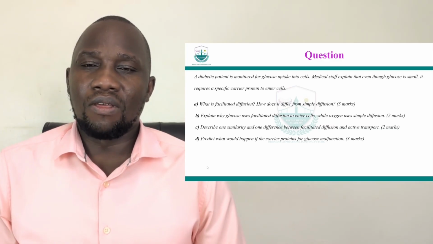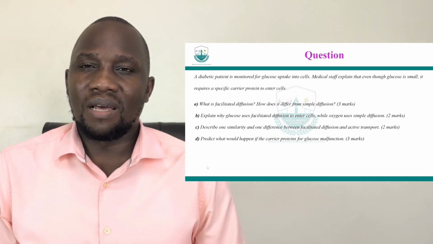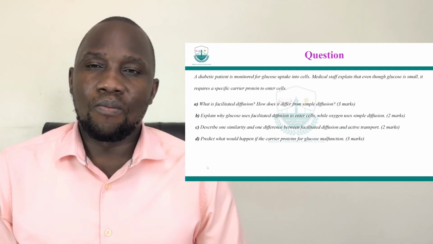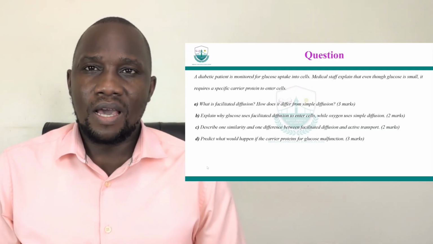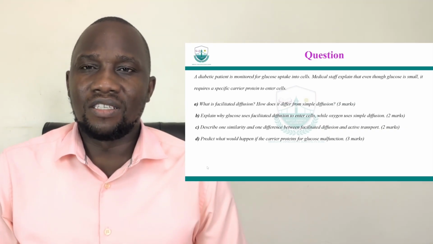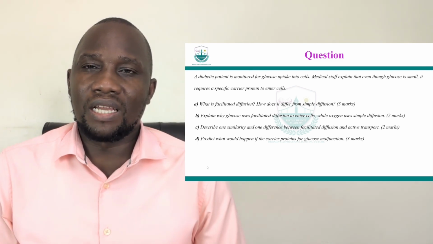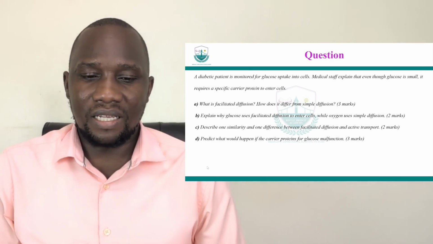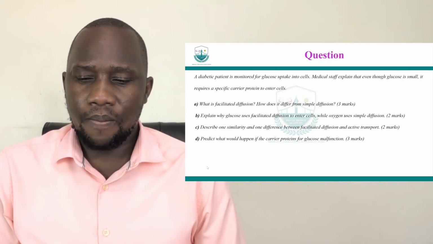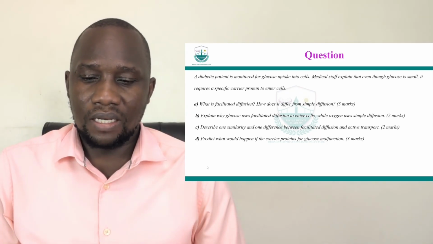And then when the glucose is in the bloodstream, it has to be taken up by the cell such that you have normal blood glucose levels. Therefore, if we cannot take this glucose into the cells, then you're going to have high glucose levels in blood, and that is an issue to do with diabetes mellitus. So you have increased glucose in your blood.